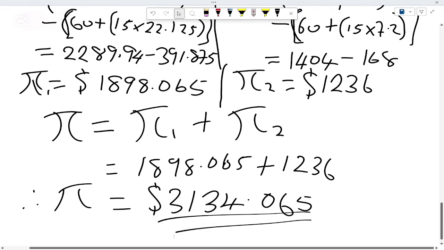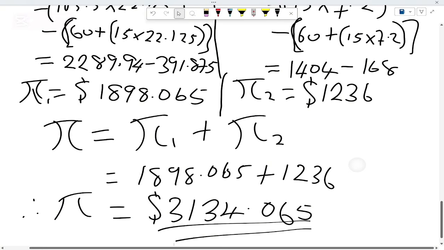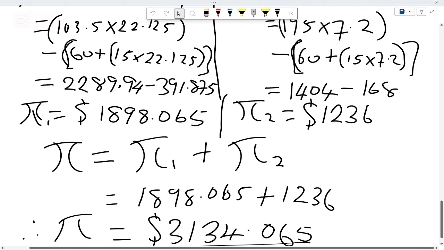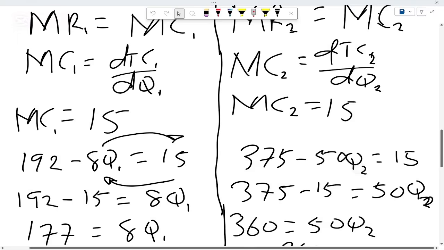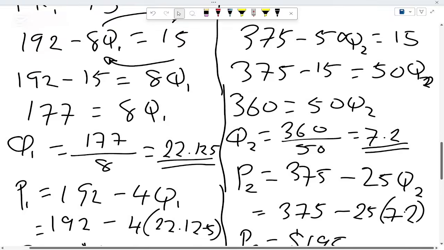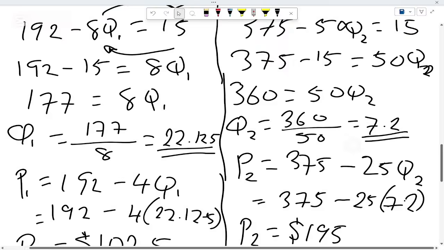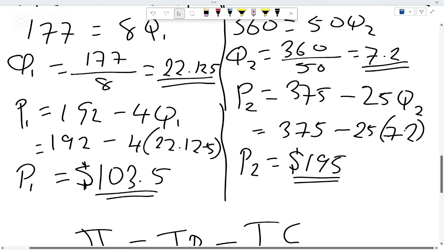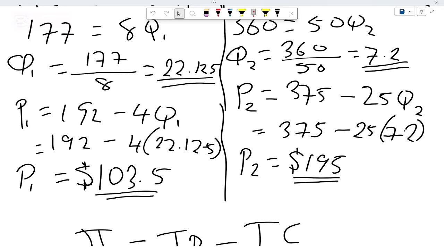Now, the major thrust of price discrimination is to be able to maximize profit. When you look at the first market, the price charged was 103, which means the price is lower than the second market, which is 195.